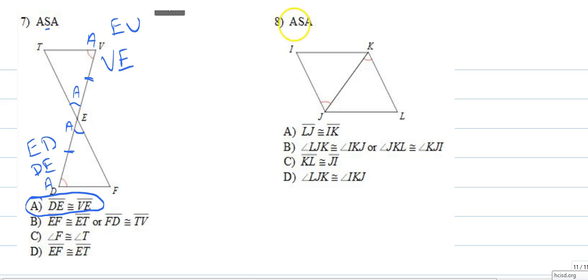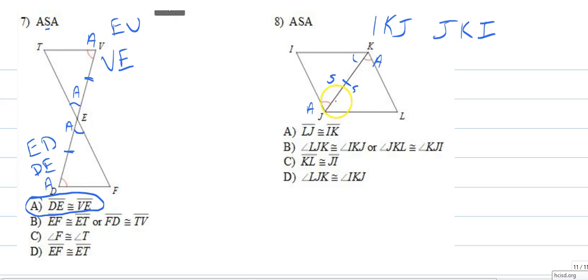Number 8. Make this be angle side angle. First, they are touching at a side, so that's a free side. Here is my angle for the left triangle. Here is my side. I need the angle up here, this one. And it's IKJ, or it's going to be JKI. Now we do the right triangle. We have an angle.